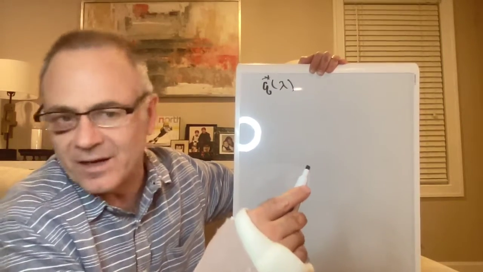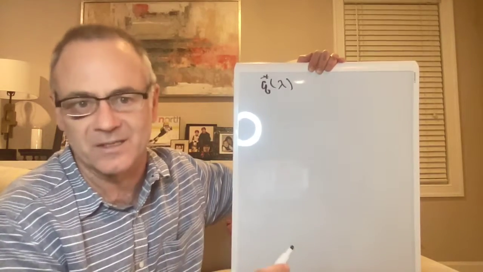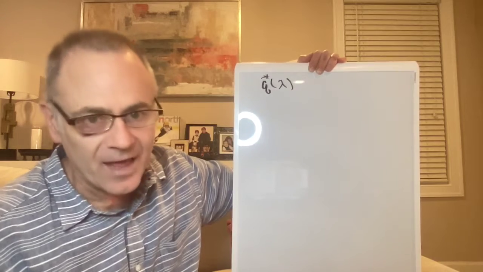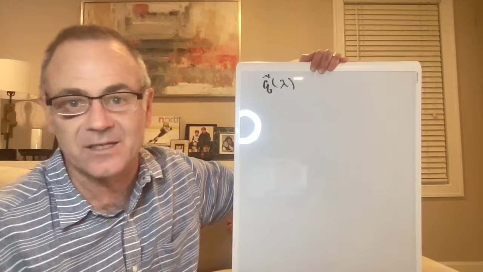And then you keep on adjusting the seed values until the P's equal the sigmas. Remember that? If you can do that, you've found an equilibrium. You've found a QRE, quantal response equilibrium.